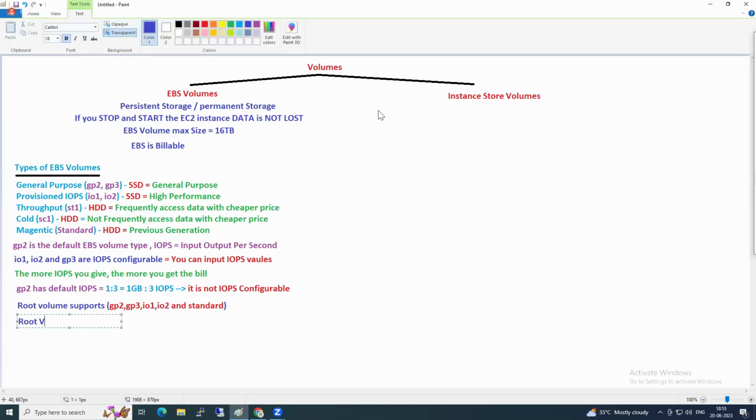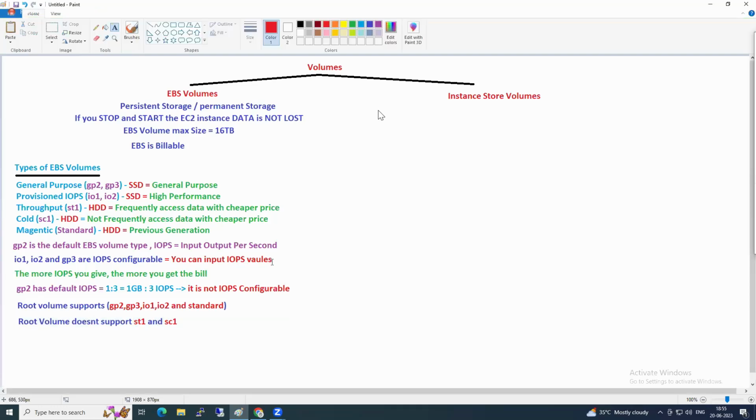Certification question. Because is it good for the performance? ST1 and SC1, are they good in performance? No. For that reason, root volume doesn't support ST1 and SC1, but the rest of the volumes support root volume.